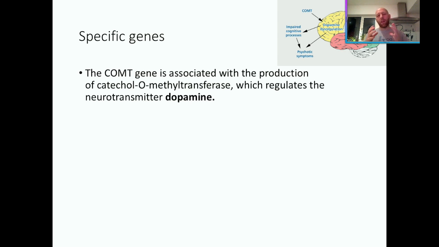Now, dopamine is our reward neurotransmitter. Specifically, it's released when we anticipate rewards. Now that's interesting because if you think about the person with OCD, their obsession is driving a compulsion. Why do they fulfill that compulsion?